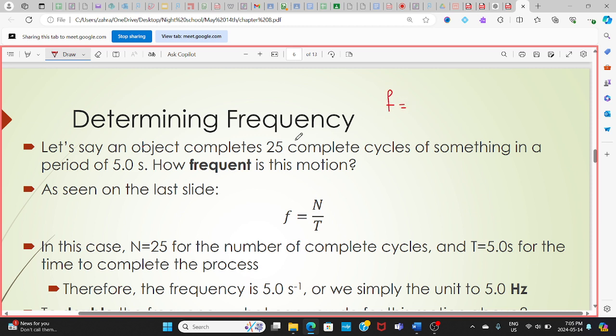Frequency is going to be number of cycles, 25 cycles, per what? Per 5 seconds. If you do it, it would be 5 cycles per second, right? So that would be frequency. And we call it 5 hertz, another unit for 1 over second.